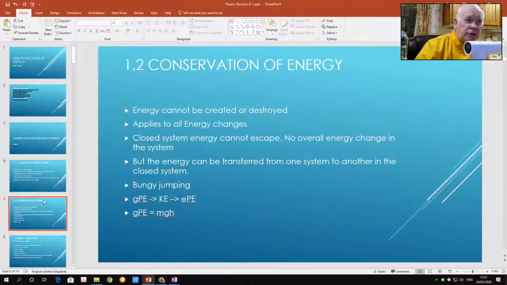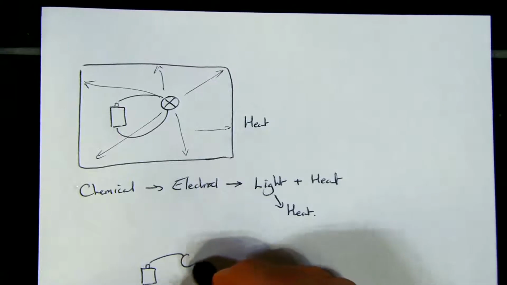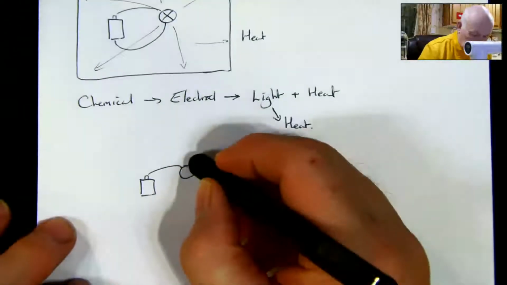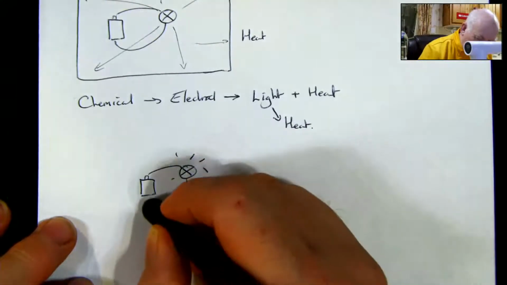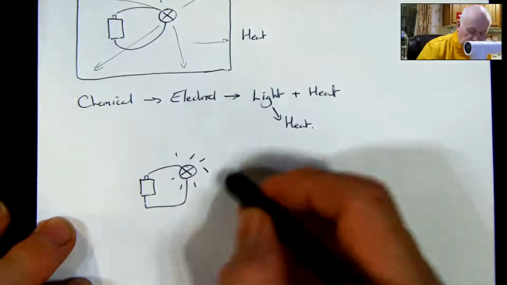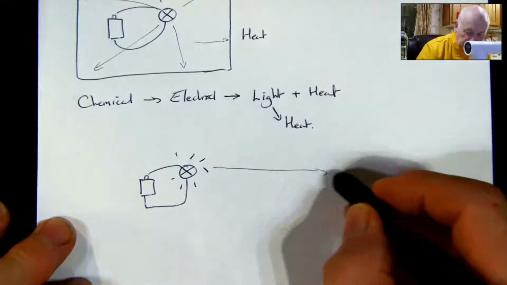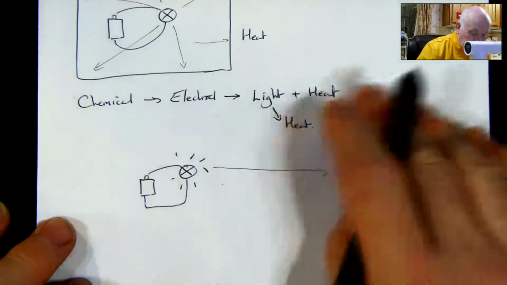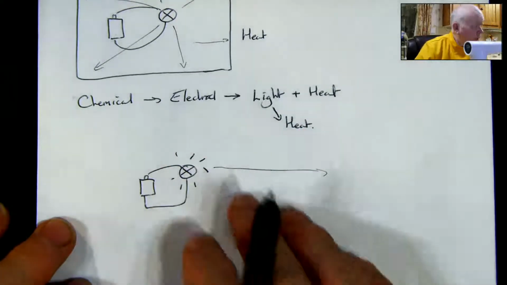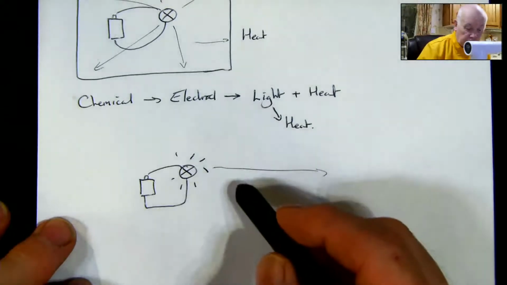So the energy can be transferred from one system to another, but in a wider system where I take just my battery and my bulb, then we see this light energy as being lost, because this light energy, if you like, carries on virtually forever, gradually getting more and more spread out and lost, I suppose.